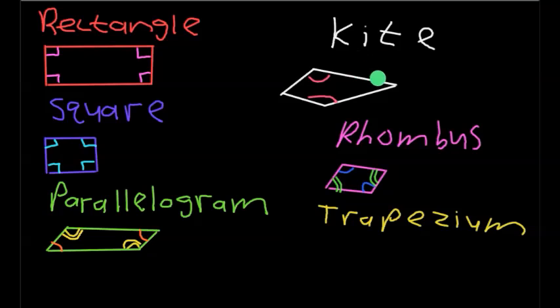For the kite, the property of a kite in terms of the sides, as we will later study in detail, is that the sides that meet each other to form an angle have the same length. So in fact this side and this side are the same size. This side and this side meet at this angle, so they are again the same size.